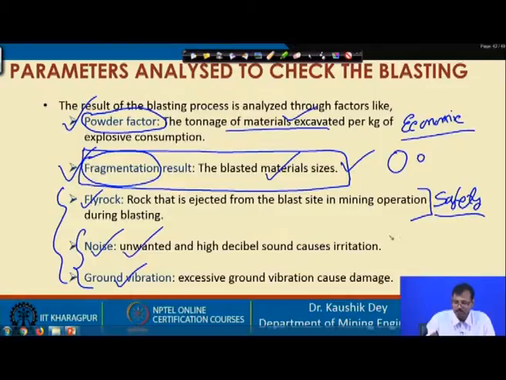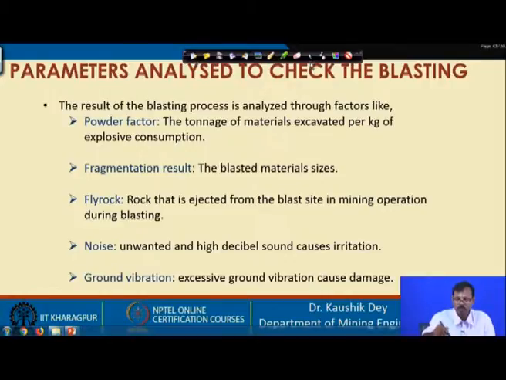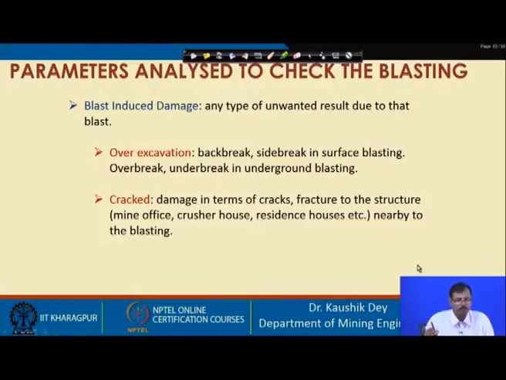That is why these two are very important environmental parameters that need to be taken care of during blasting. So, these are the performance aspects one must consider while discussing the blasting process or evaluating the performance of a blast. Let us start, there are a few more parameters.